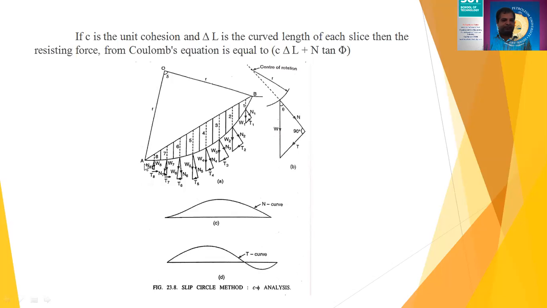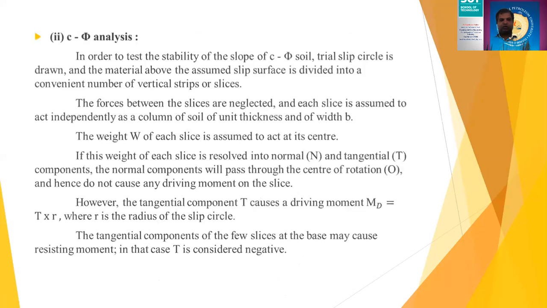Now I will divide this into a number of slices. You can see 1, 2, 3, 4, 5, 6, 7, 8. These are the divisions of the slope into a number of segments. Now let us go further.